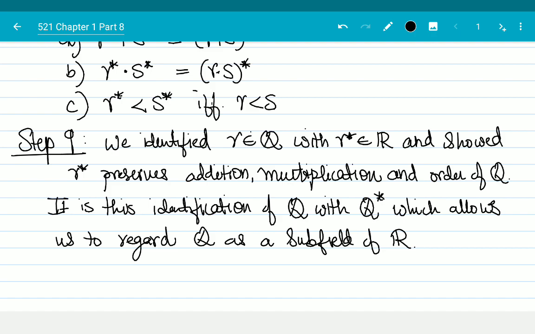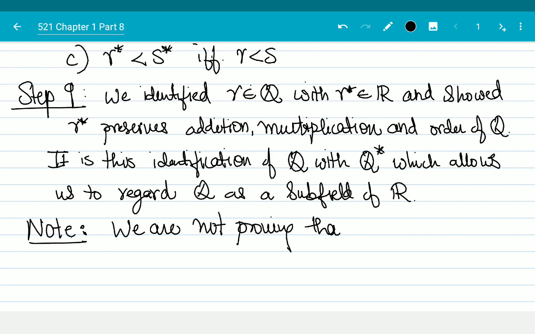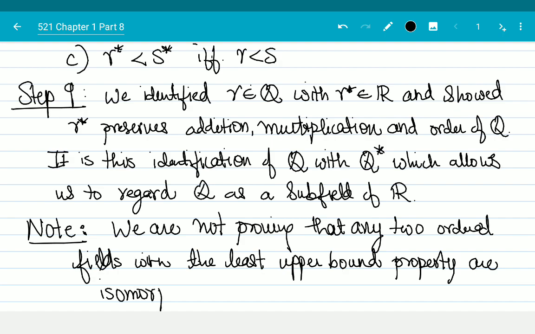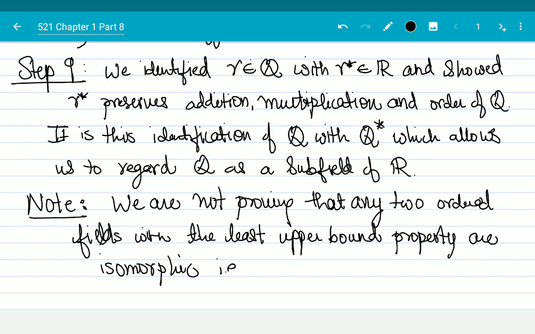Note, we are not proving that any two ordered fields with the least upper bound property are isomorphic, i.e., R is unique.